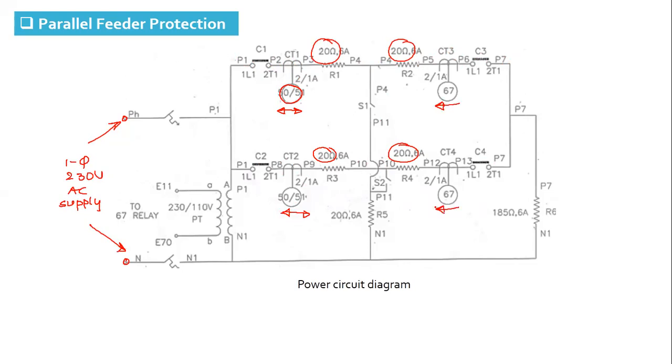So these two are the directional relays. You can see here we have a PT of 230 by 110 volt. This PT is used to give voltage input to the directional relays. And there are CTs for the current input.